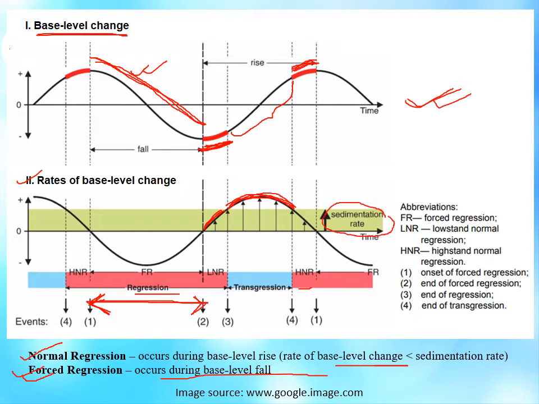So together, the sedimentation rate and the rate of base level change, their combination decides whether an area suffers transgression, a higher sea level condition, or regression, that is a lower sea level condition.